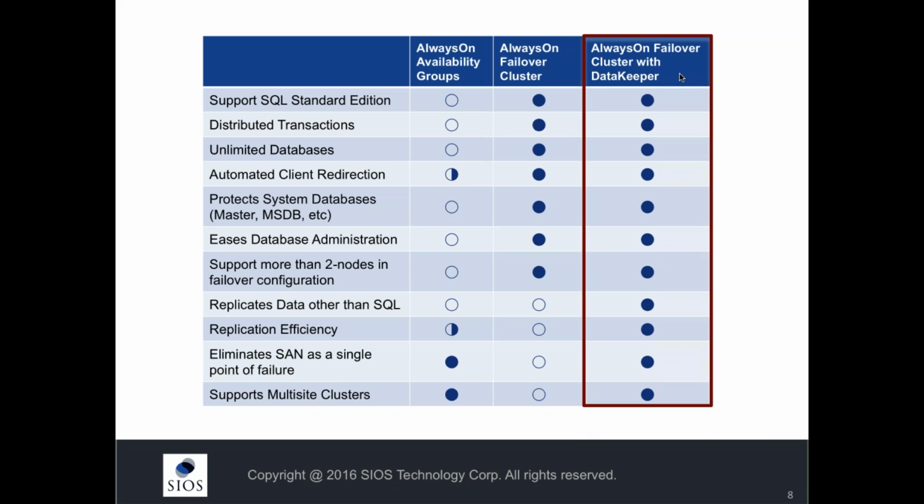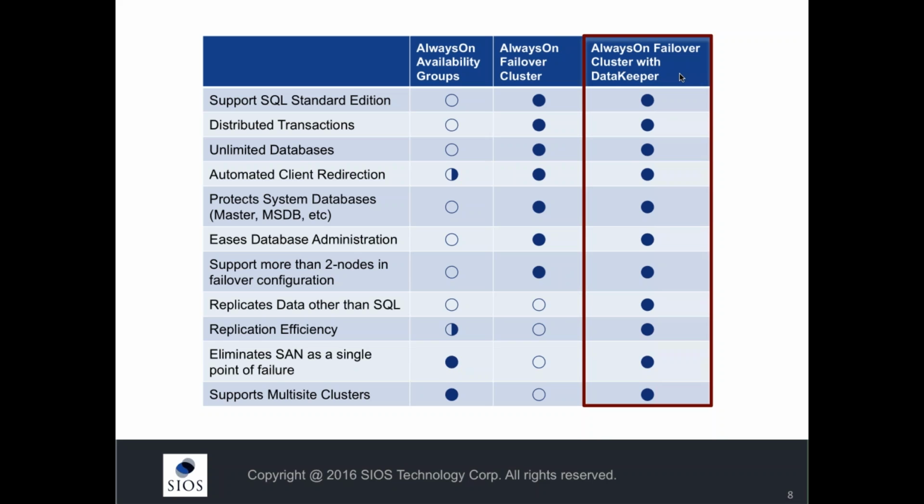Also, availability groups is only going to replicate the user databases. So your system databases like master, MSDB, your SQL logons, your SQL agent jobs, availability groups isn't going to replicate and protect and fail those over. You're essentially dealing with 2 standalone SQL servers with glorified database mirroring here.